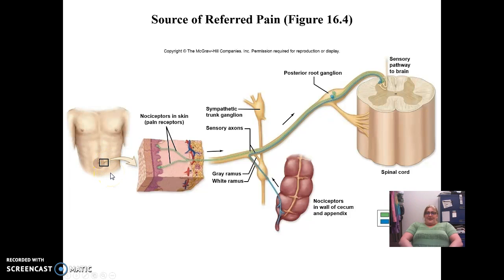And so we push on that umbilical region, and when we release the pressure, if the pain is greater when we release the pressure, that's often associated with appendicitis. Even though it's the umbilical region that you're feeling the pain in, your appendix is what is causing the pain.